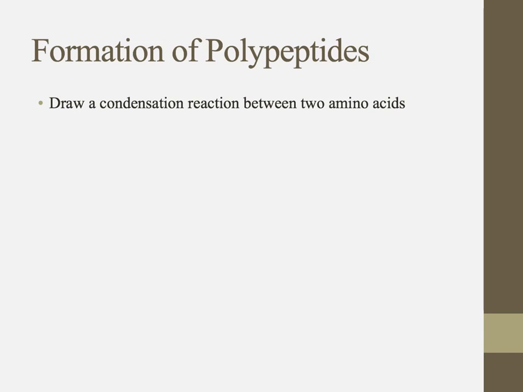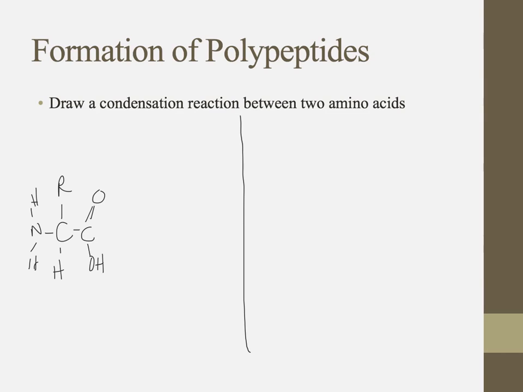All right, so let's practice how to make a dipeptide, or how to join two amino acids. So first of all, you're going to need to draw two amino acids. So here's one: central carbon, carboxyl group, amine group, R group, and a hydrogen atom.